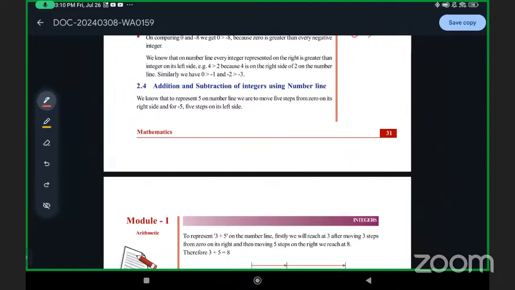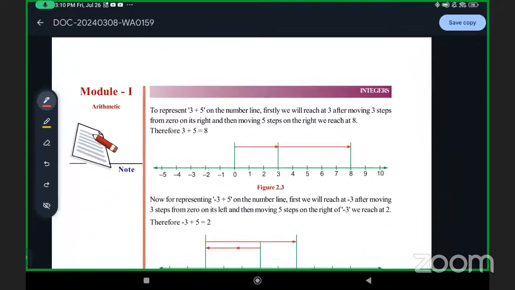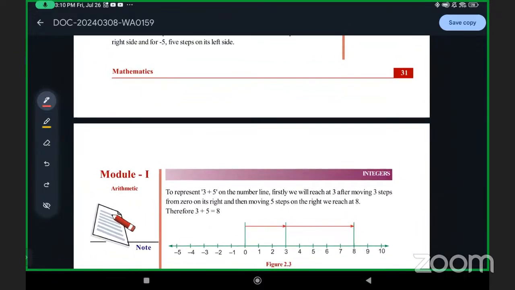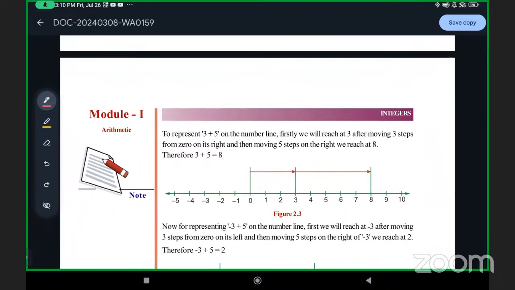Then we have addition and subtraction of integers using the number line. This is my number line, and I have to add 3 and 5, that is 3 plus 5.